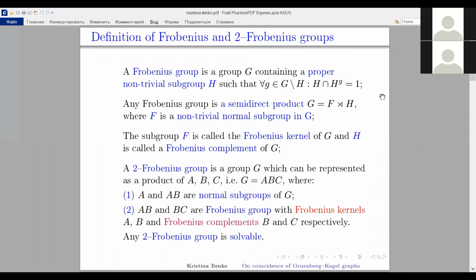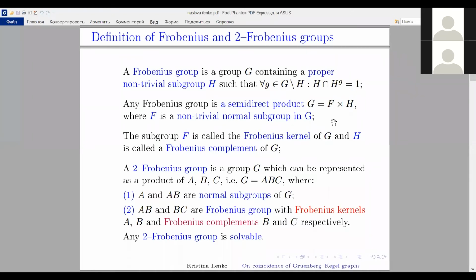Any Frobenius group is a semi-direct product of F and H, where F is a non-trivial normal subgroup in G. The subgroup F is called the Frobenius kernel of G, and H is called a Frobenius complement of G.